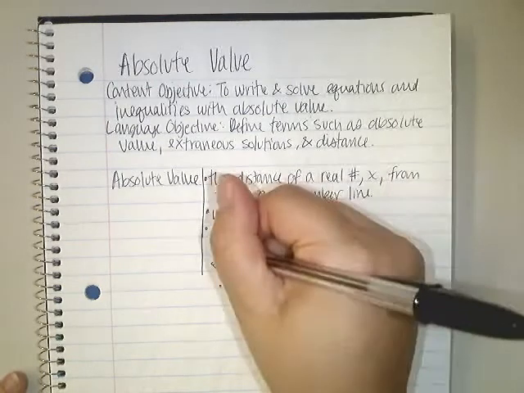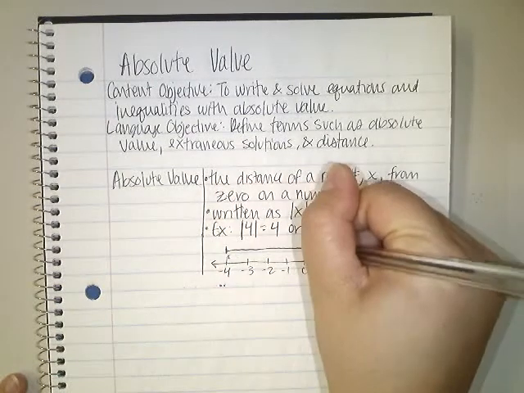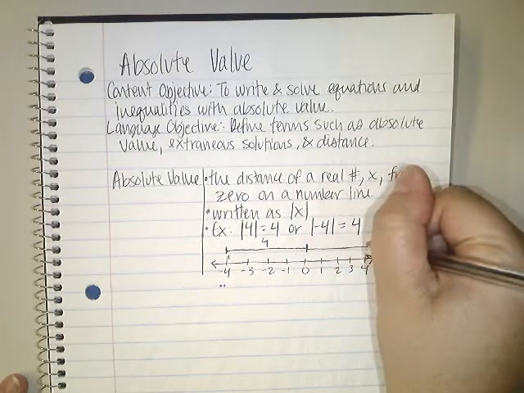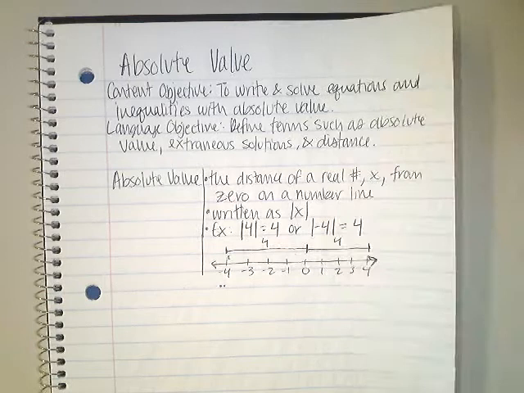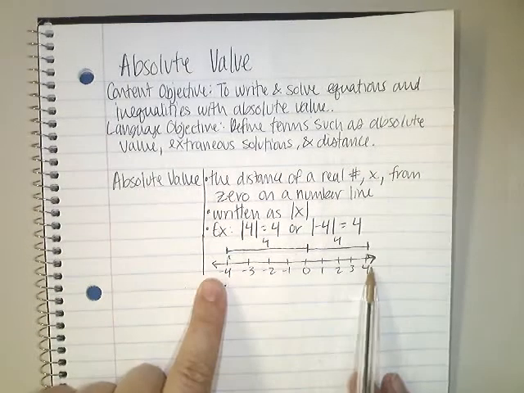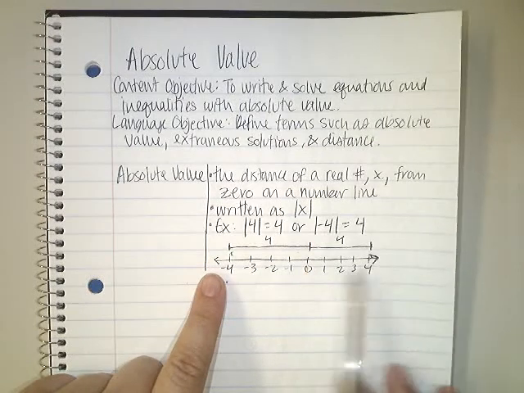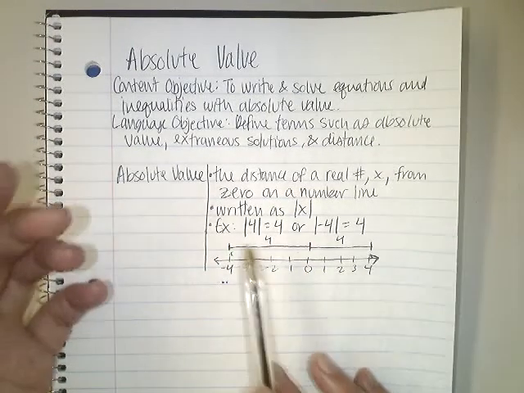The distance from -4 to 0 is 4 units. The distance from 0 to 4 is also 4 units. While I didn't do this perfectly proportionally, the distance from -4 to 0 and 0 to 4 is the same for both.